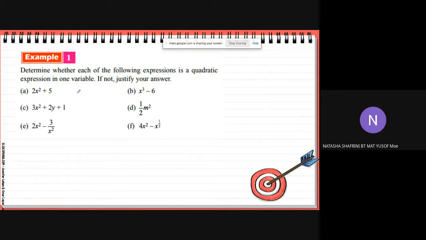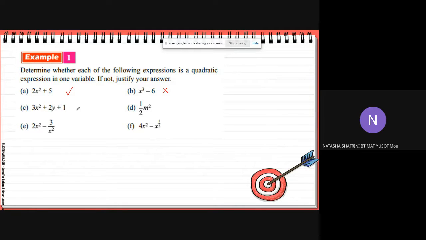Okay, for A, 2x square plus 5, quadratic or not a quadratic expression? Yes or no? Okay, yes. Good. Why? If not, justify your answer because the power of x is equal to 2. How about B? No. Okay, good. C?